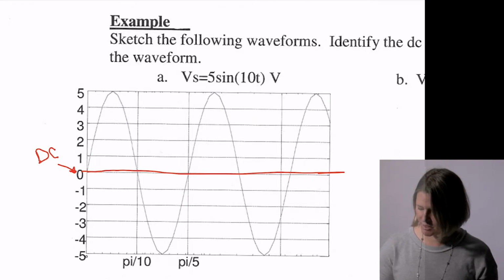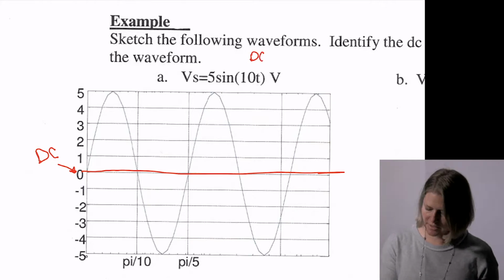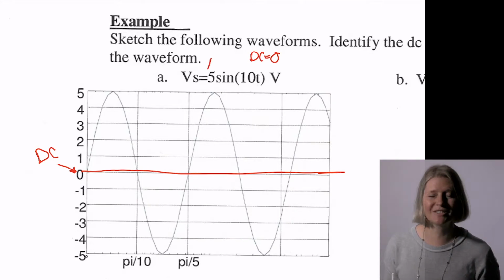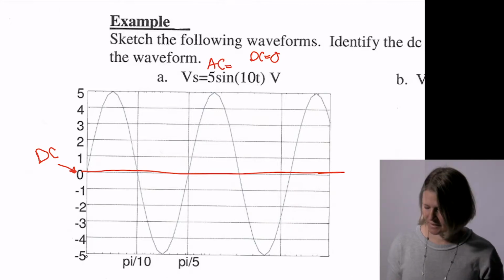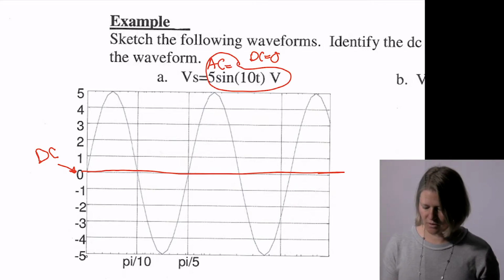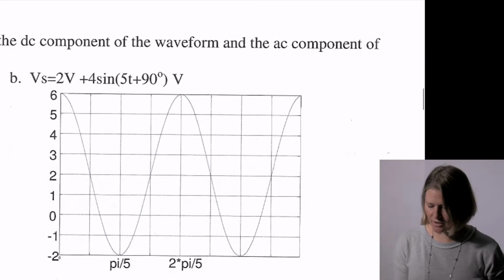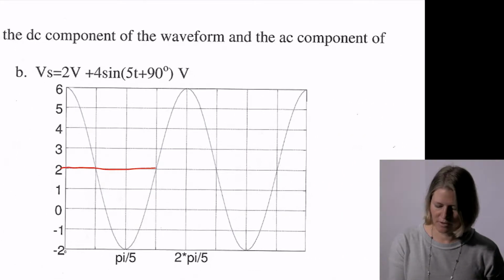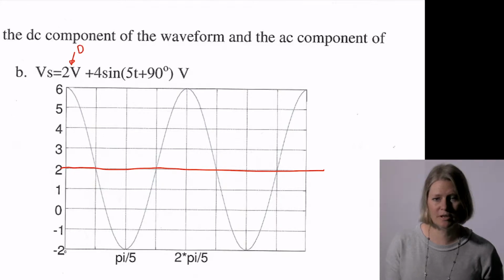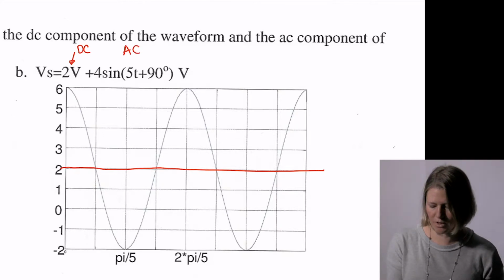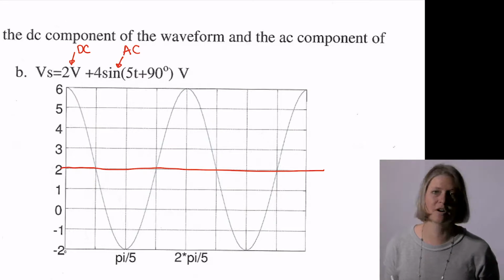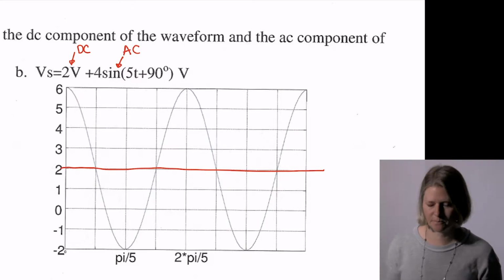So the DC component would be 0, and the AC component is going to be this 5 sine 10t. For this signal, we can see that it is centered around 2 volts. So our DC component of this would be 2 volts, and our AC component of this would be the 4 sine 5t plus 90 degrees.